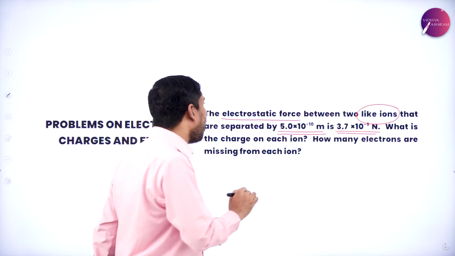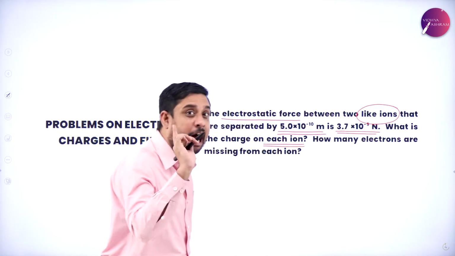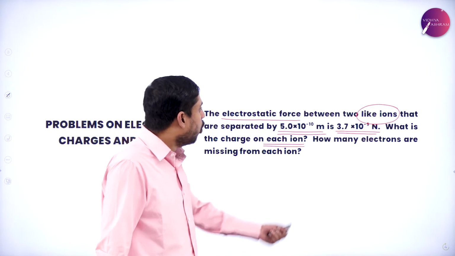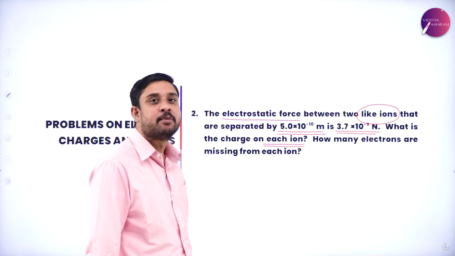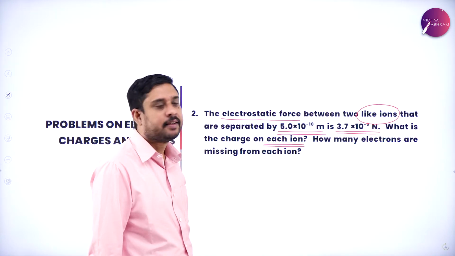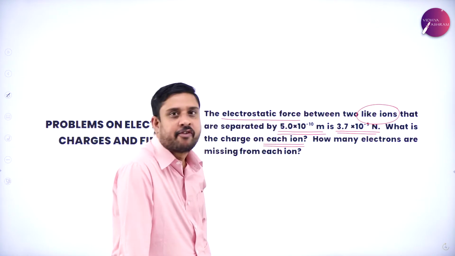What is the charge on each ion? And how many electrons are missing from each ion?